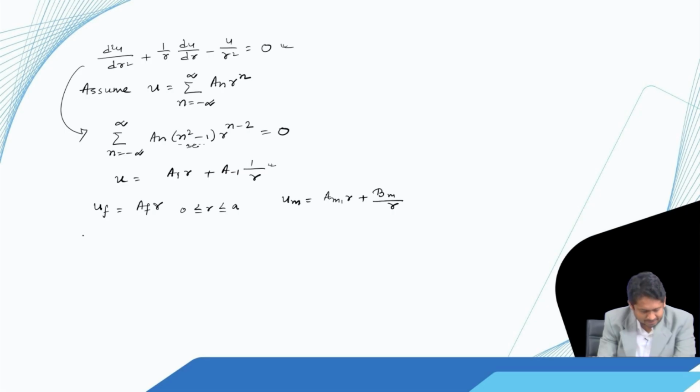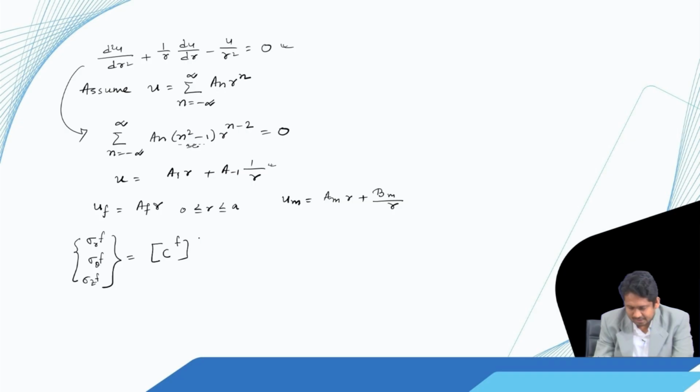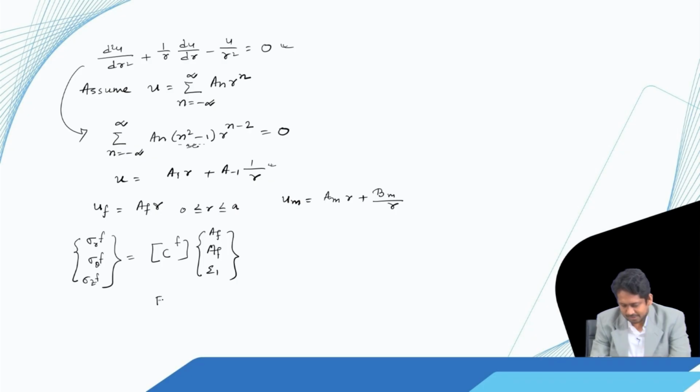So, we can separately write the stresses in the fiber and in the matrix as this. Here this C is the constitutive relation matrix for the fiber only. For the fiber, and similarly for the matrix we can write.